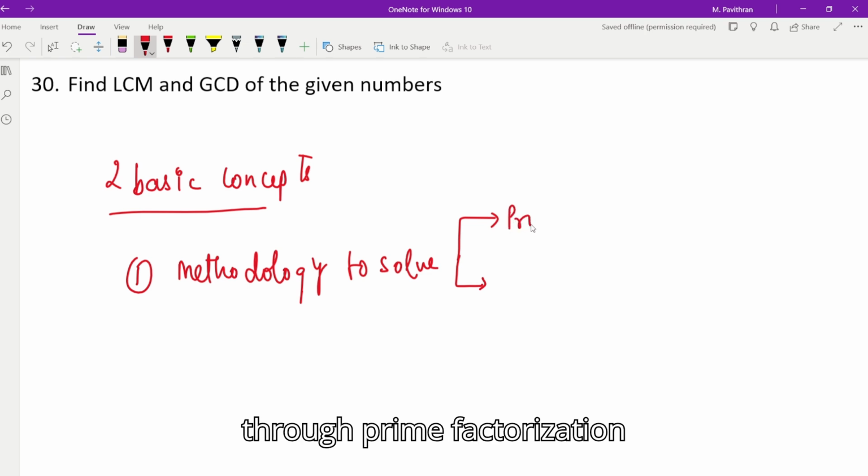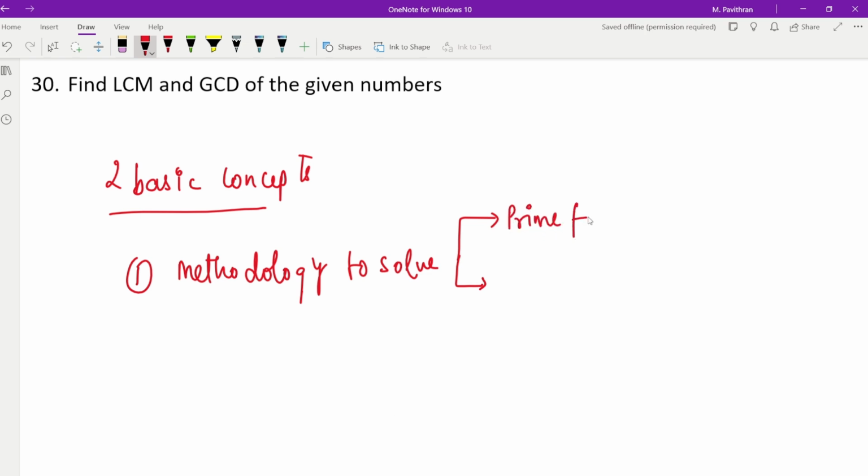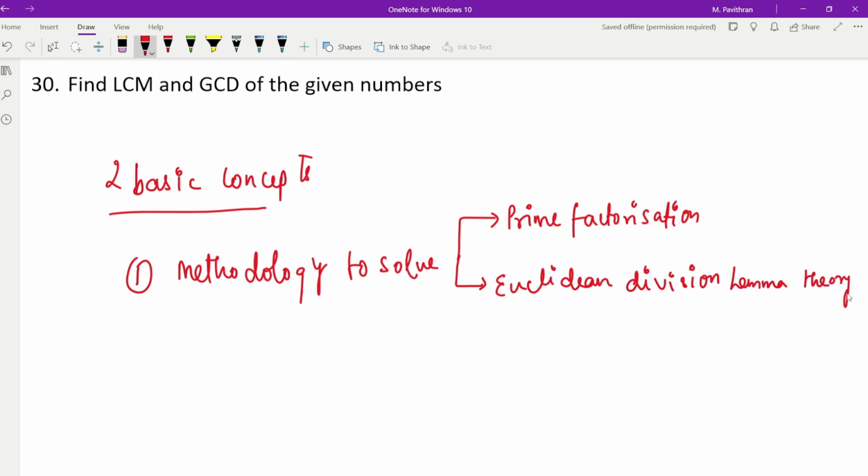One is through prime factorization and the other is through Euclidean division lemma theory, right?